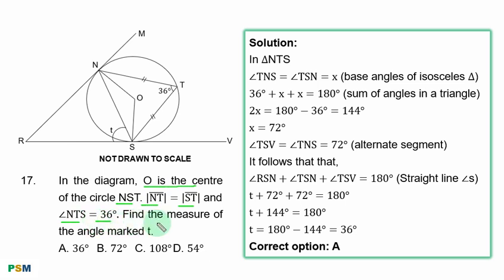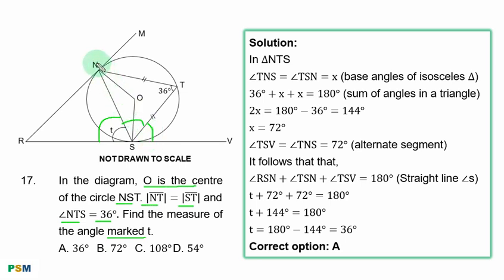Find the measure of the angle marked T, that is this angle. To get T, we need this angle, and add the three angles on the straight line.